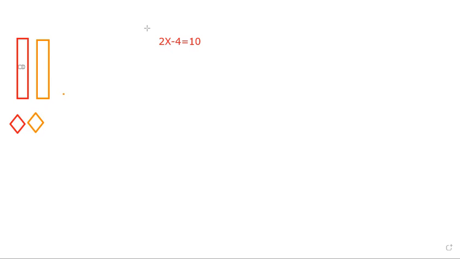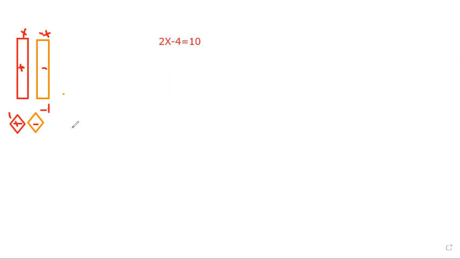We will say that the red one is positive, and this one is negative. The large one is for x, and this is for what, grade 7? For negative x. And this is 1, and this is negative 1.